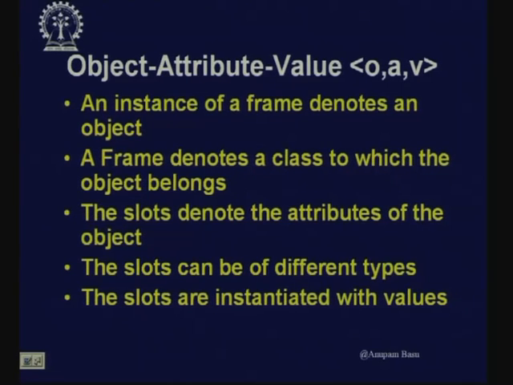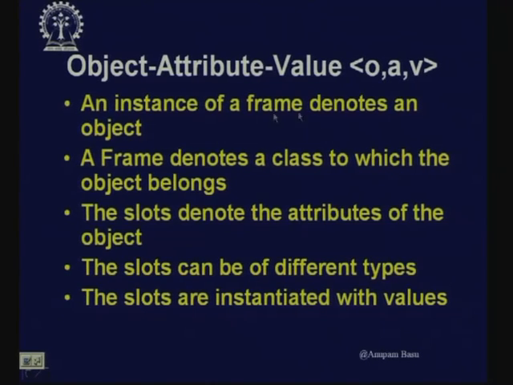So, if we go up here, if I just make a statement, Fido is a dog, that is automatically represented here because the object name is Fido, attribute name is a, and the value is dog. So, you can also see how it equivalently translates into a proposition.